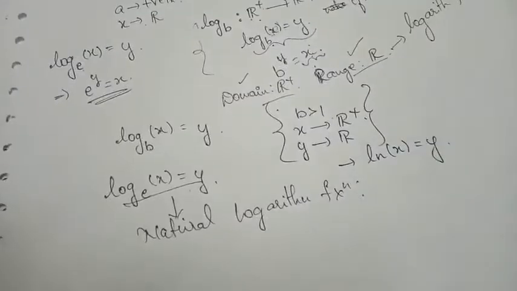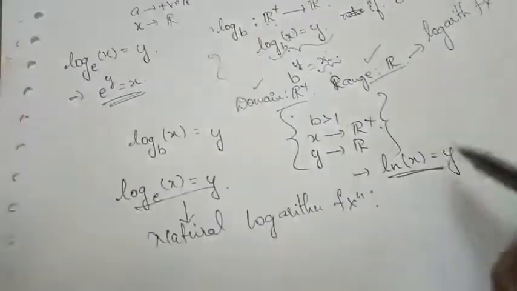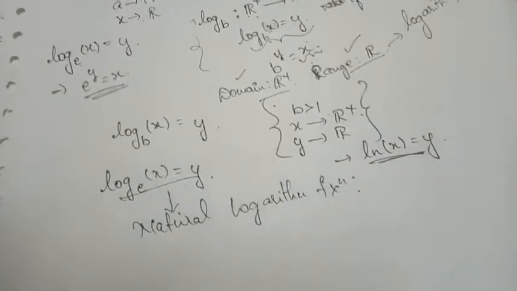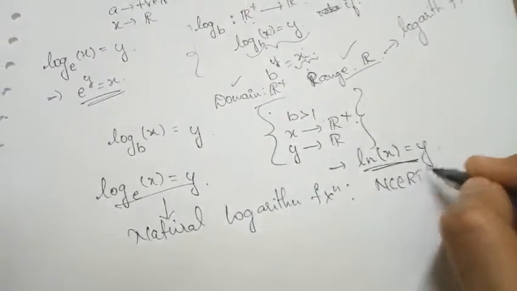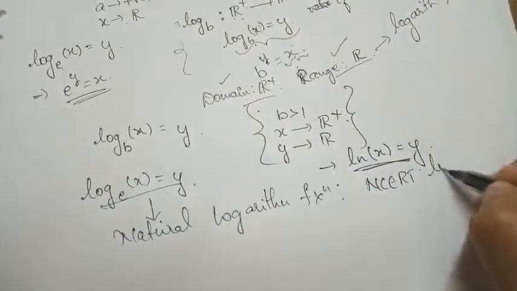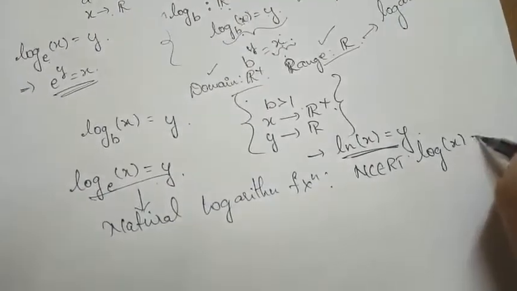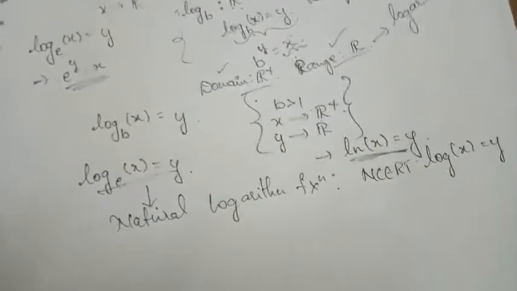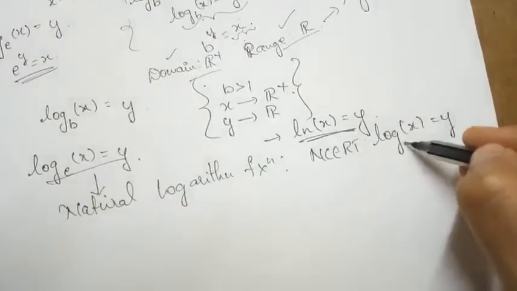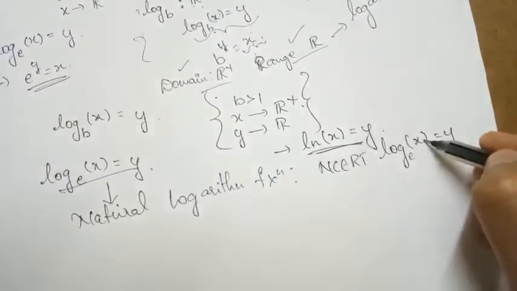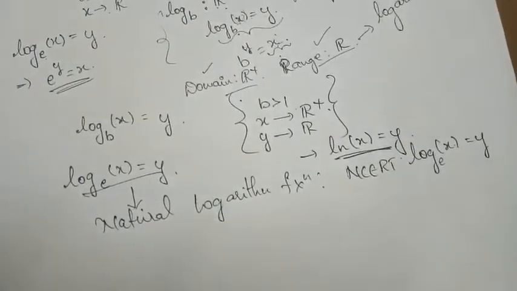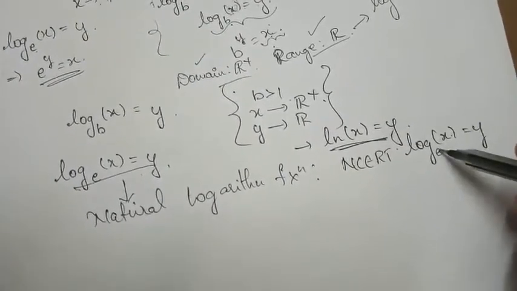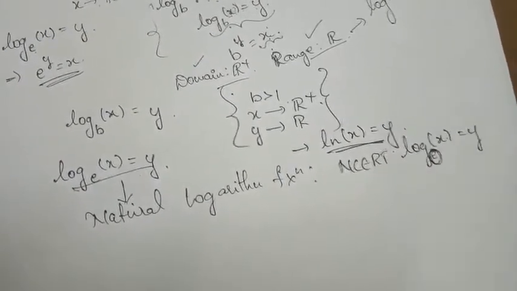This is the general representation of log e of x is equal to y. In your NCERT textbook, log e of x is generally written as log of x is equal to y. Here they don't specifically mention e, so when they write log of x is equal to y, they are talking about this log function with respect to the base e.